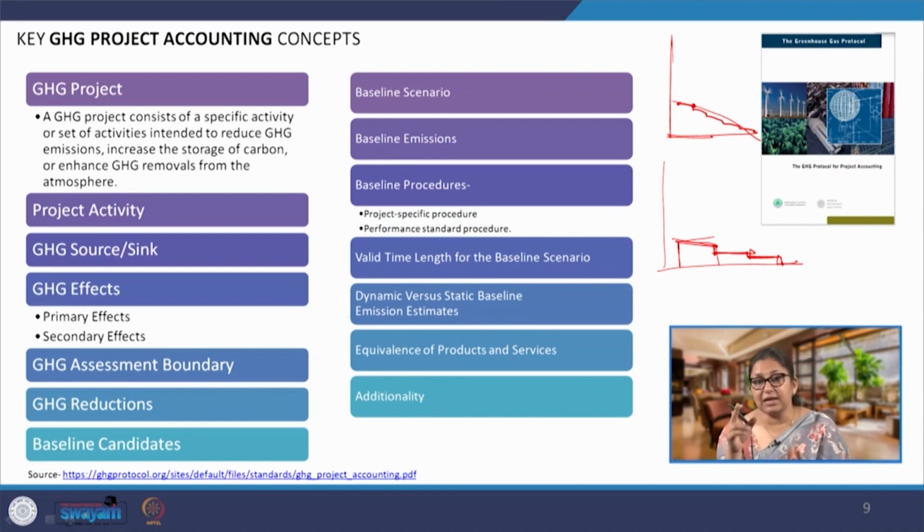While in the case of a plantation drive, we could look at dynamic baselines, because we may be planting 50 trees, 100 trees every year on the campus, and we can continue to shift the baseline, make a dynamic baseline.